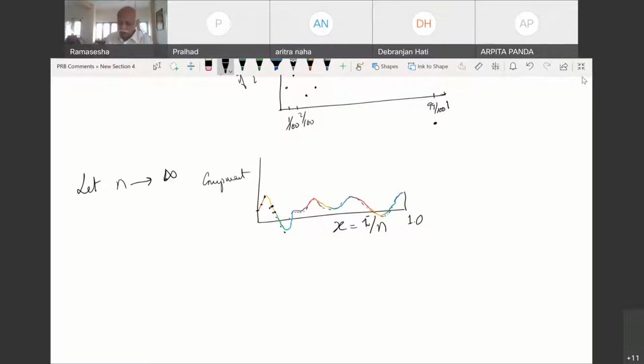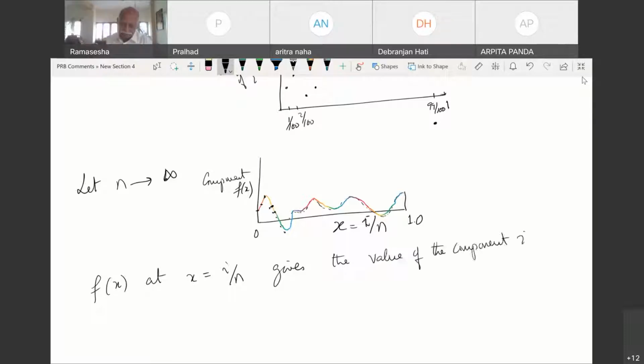I can actually write it as f of x at x equal to I by n gives the value of the component I. Is this clear? Yes.